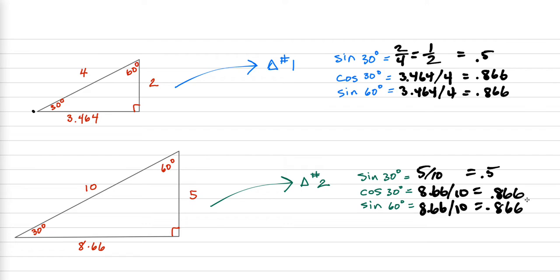If you type in sine 30, your answer should be 0.5. Wow. And that's because of this same fact: no matter the triangle size, the ratios will be the same. So you can figure out these ratios for every angle size of every triangle.